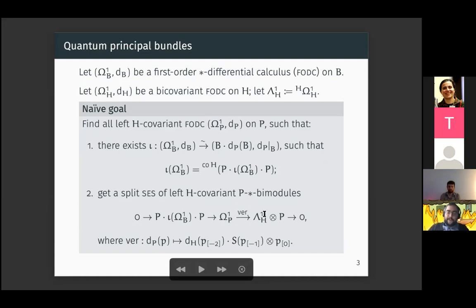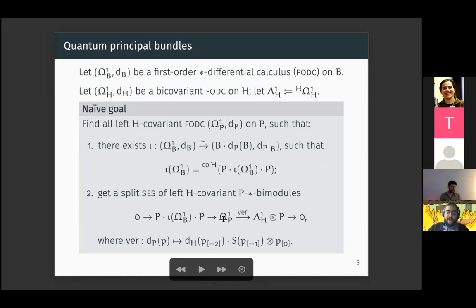You have this vertical map from the total one forms to left invariant one forms in H tensor P, given basically by taking an orbit-wise derivative.